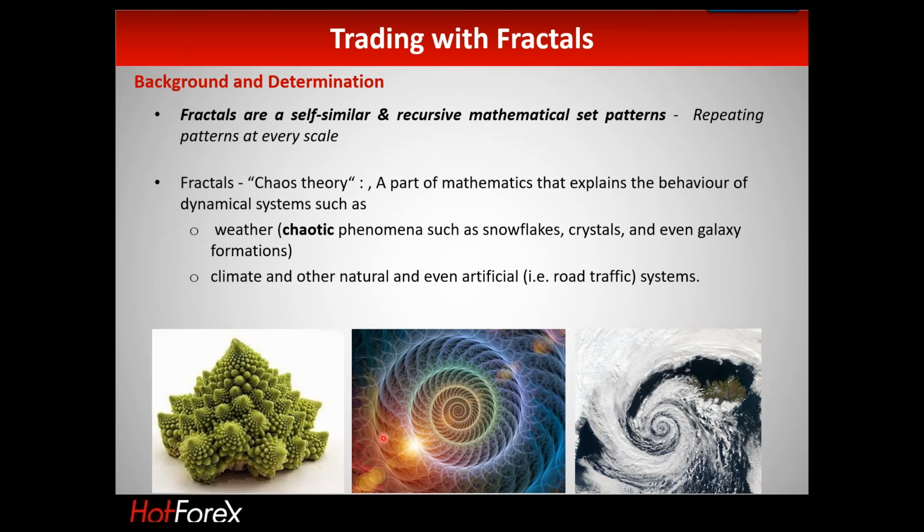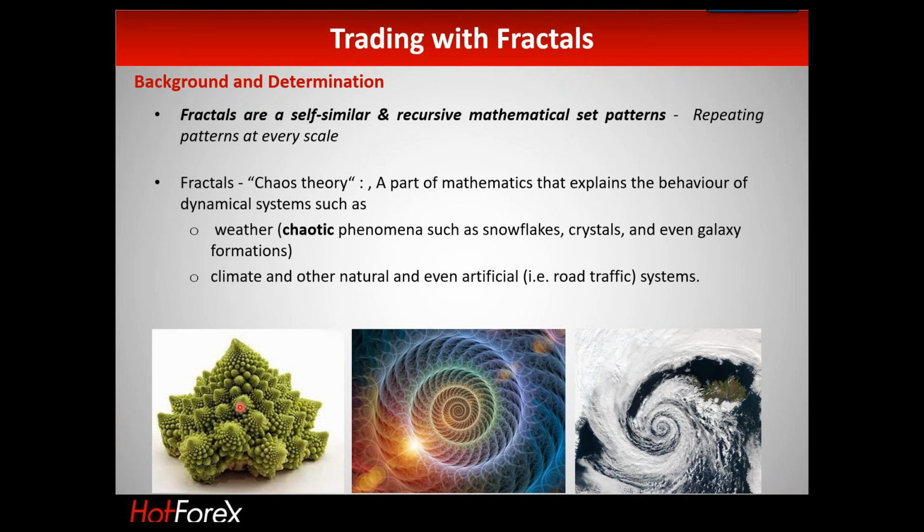So the whole frame, if you take the first picture, say the broccoli, the whole has the same shape as each one or more of its parts. So this shape is the same as this bit and this bit and this bit. So it's like it is repeating itself.